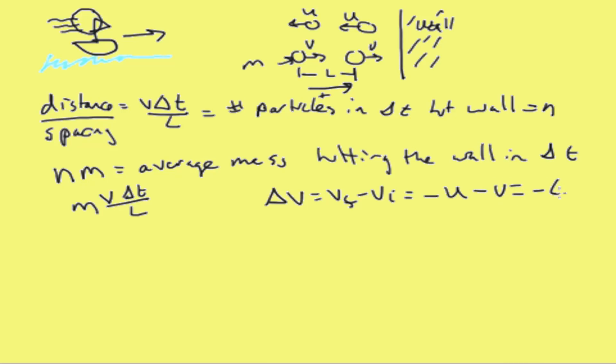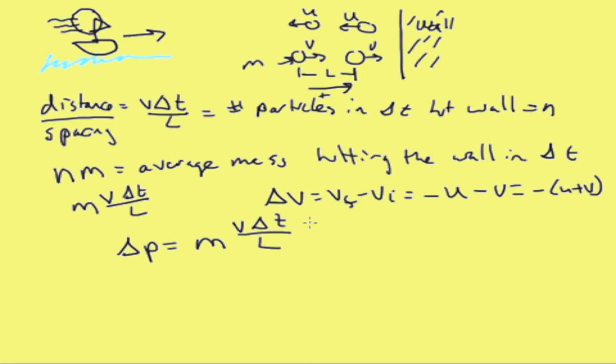This gives us minus u minus v. And to calculate the change in momentum that occurs in the delta t, we just multiply these two quantities together. So this is sort of our m times v. So our delta p equals m v delta t over L.